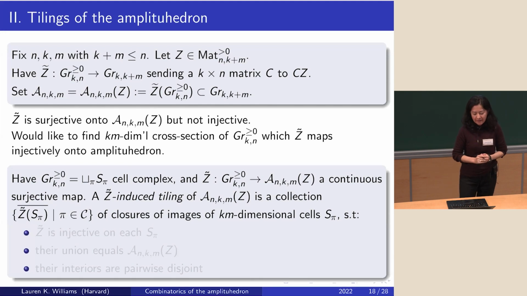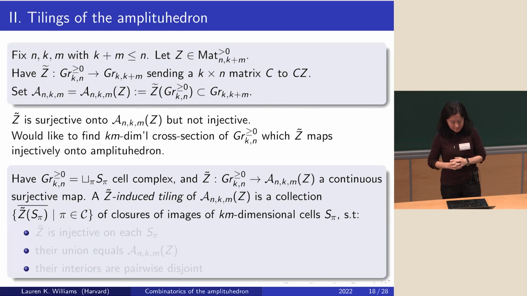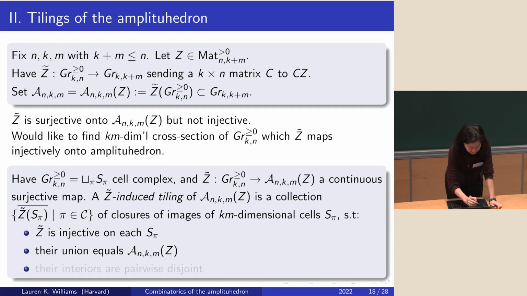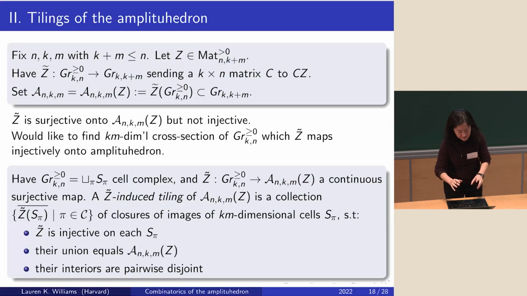So now we'll define a Z-induced tiling of the amplituhedron to be a collection of closures of images of km-dimensional cells S pi such that the map Z tilde is injective on each cell, the union of these objects equals the whole amplituhedron, and the interiors of those objects are pairwise disjoint. This is kind of the natural way you might try to generalize the notion of triangulation of a polytope.